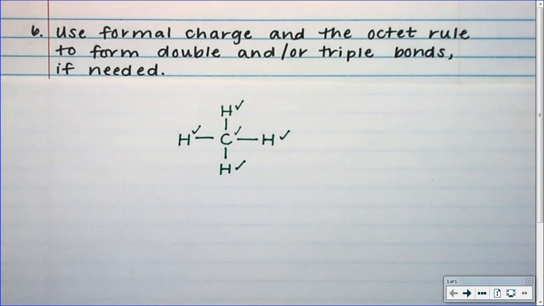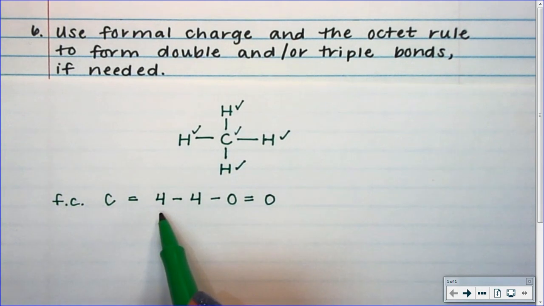In order to calculate formal charge, let's go ahead and go through that. I'm going to abbreviate formal charge as FC. We want to calculate the formal charge of carbon, and we want to do the formal charge of hydrogen. On your screen now you can see the work written out. Carbon is in group 14, so it has 4 valence electrons.